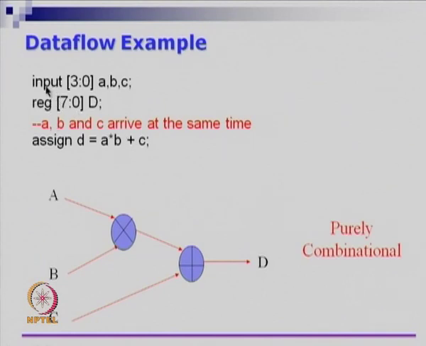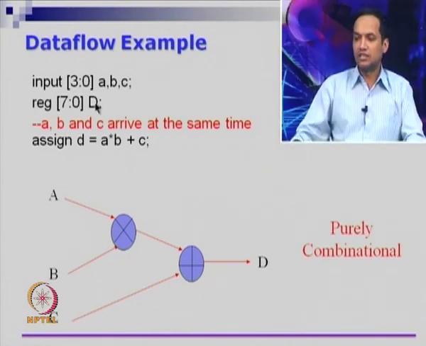Let us say we have input [3:0] A, B, C and we have a reg [7:0] D, and we have assigned D equals A times B plus C. This means D is assigned A times B plus C. A times B is a 4 bit number multiplied by another 4 bit number, the result is an 8 bit number to which we are adding a 4 bit number. So, the result is an 8 bit number.